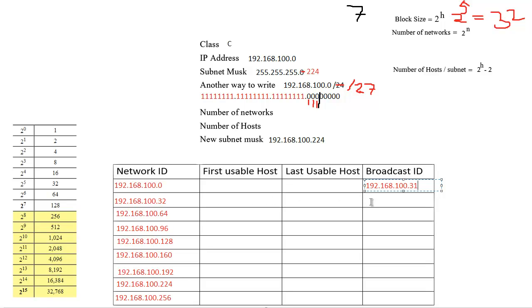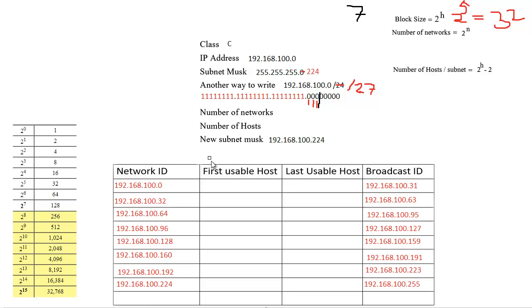It will be just before the next network. So the next network is 64, so broadcast will be 63. And for this network, the next network is 96, so this will be 95, and so on.